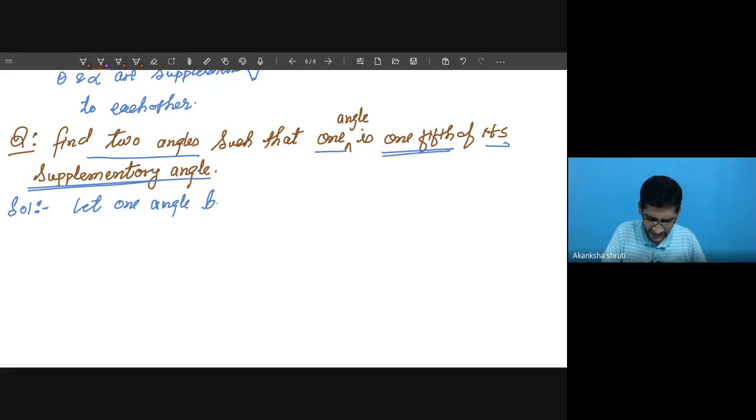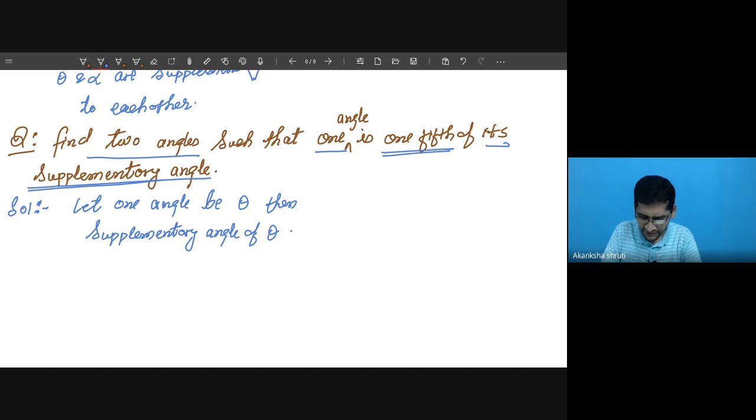So let one angle be denoted by any symbol. Let me denote it by theta. Then what is its supplementary angle? Supplementary simply means this value theta has to be subtracted from 180.